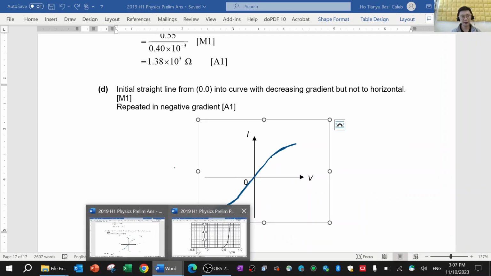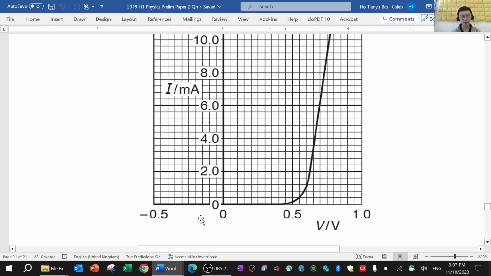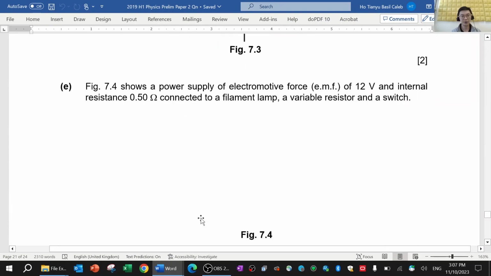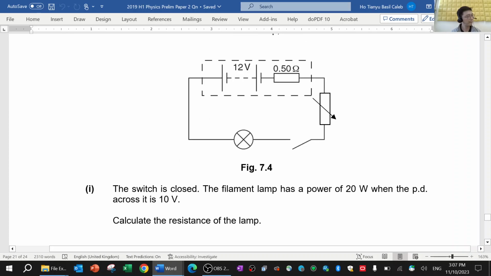If the filament lamp does not heat up, it actually behaves like an ohmic conductor, right? That's why there's a straight line portion, right? Very, very important to remember. A lot of students forget about this. They just do the curve part.